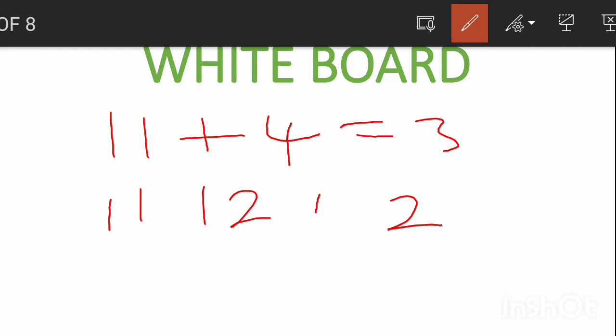And if you begin counting from the interval between 11 and 12, 4 times to the right, 1, 2, 3, 4 times to the right, the next number you see there is 3. So that means 11 plus 4, based on the movement of the clock to the right hand side, is 3.